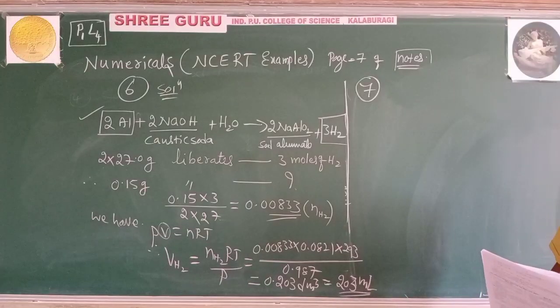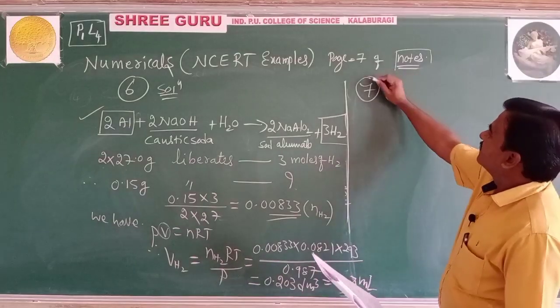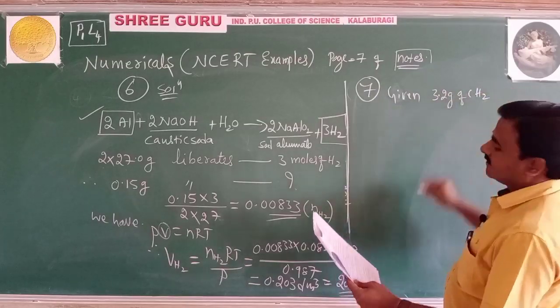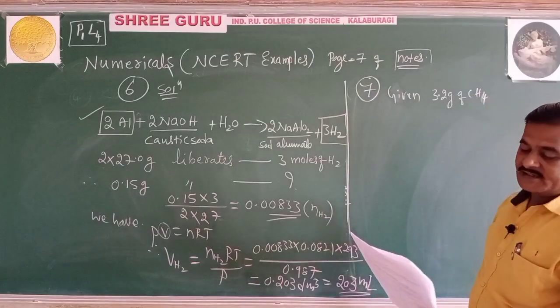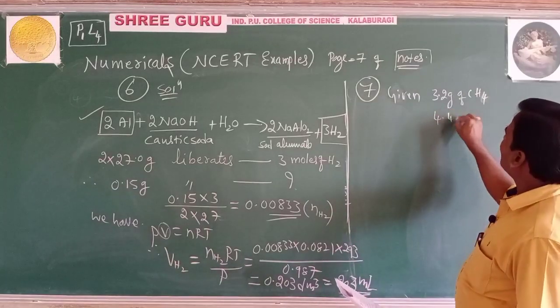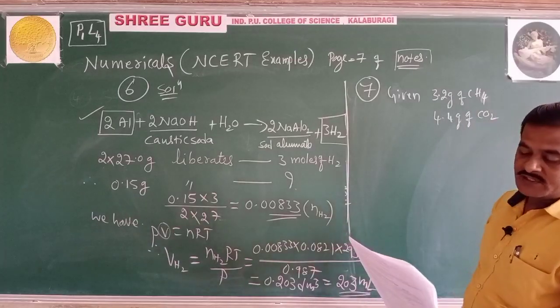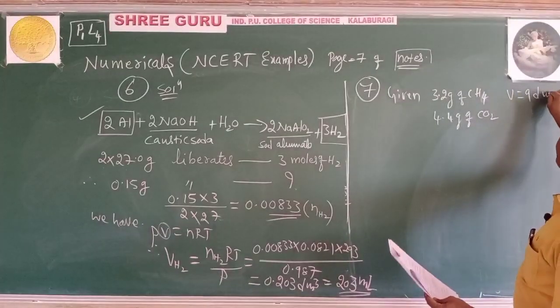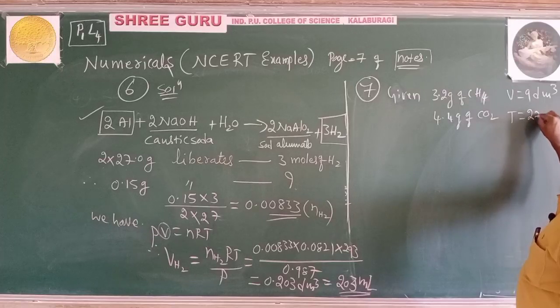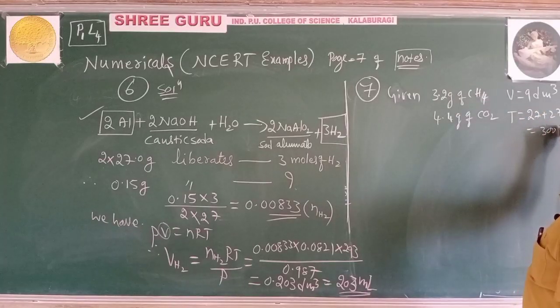What will be the pressure exerted by a mixture of 3.2 gram of methane and 4.4 gram of carbon dioxide, and the volume is 9 dm cube, at a temperature of 27 degrees, that is 27 plus 273, which is 300 Kelvin.